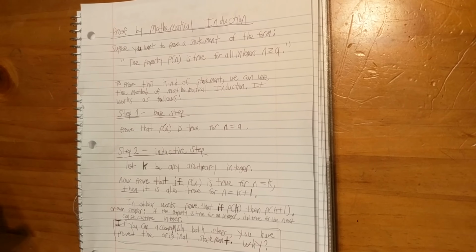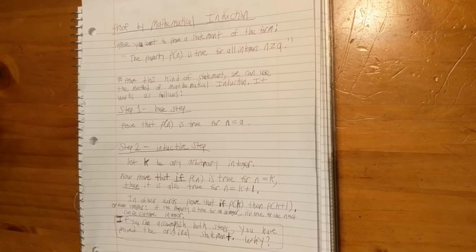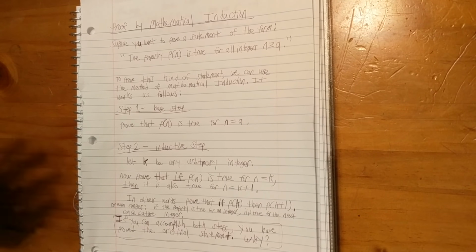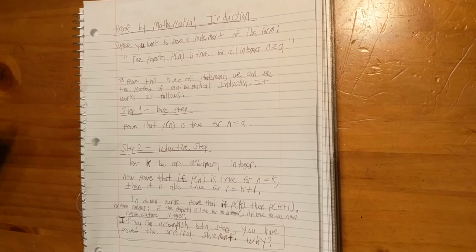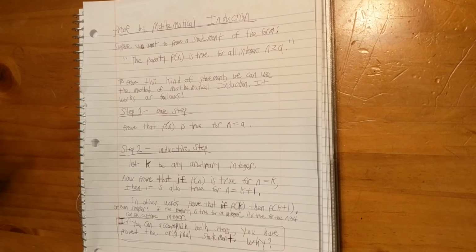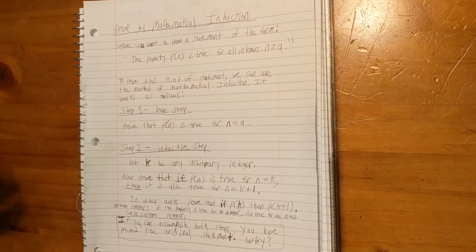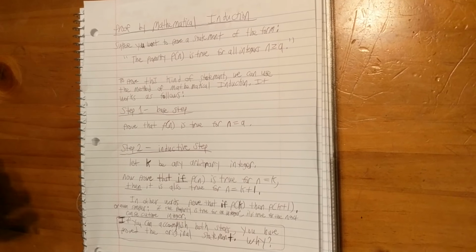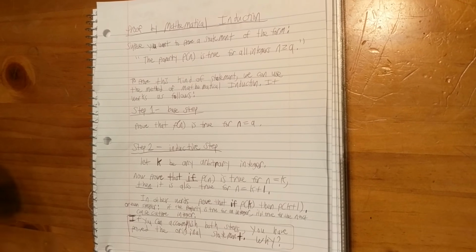Step 2 is the inductive step. This is the tricky part. Here you pick an arbitrary integer and call it k. It could be anything as long as it's an integer. Now you prove that if the statement P of n is true for n equals k, then the statement P of n is also true for n equals k plus 1. In other words, if P of k is true, then P of k plus 1 is true.